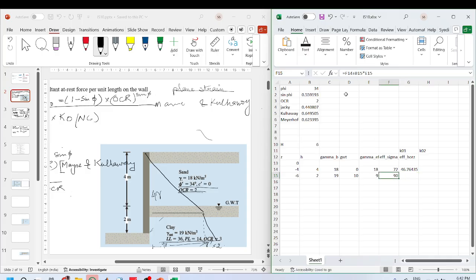Actually, I should not add it here. We will add it later. We will just take layer wise first. I have to take this section. This is K1 times gamma 1 H1. This will be K2 times gamma 2 H2.